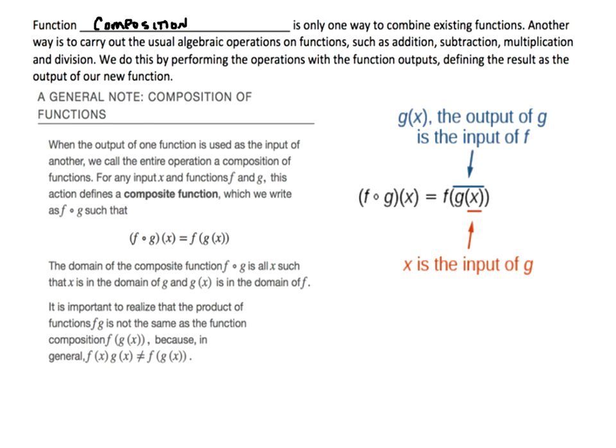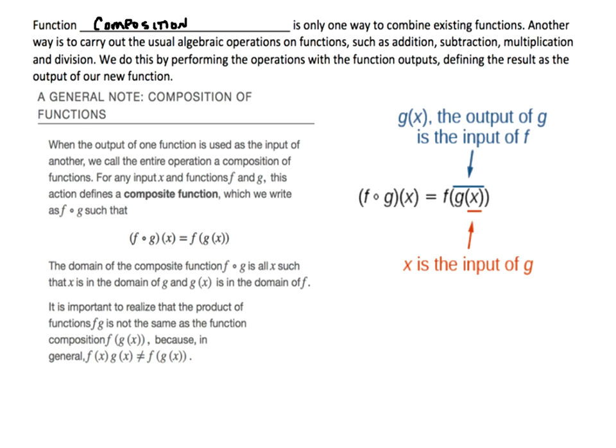We can actually carry out other algebraic operations such as adding functions together, subtracting, multiplying, and dividing. And this is done by just performing those operations with the function outputs. And we define that result as the output of our new function.